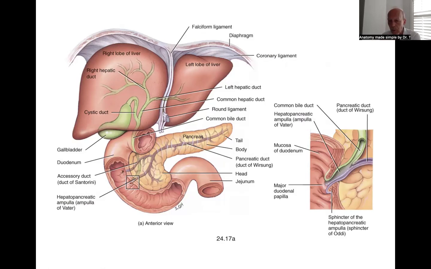As they merge together, they form a slightly enlarged tubular space, known as the hepatopancreatic ampulla, or ampulla of Vater. Secretions from the liver and pancreas come together, and then in a form of mix, they are released through the major duodenal papilla.